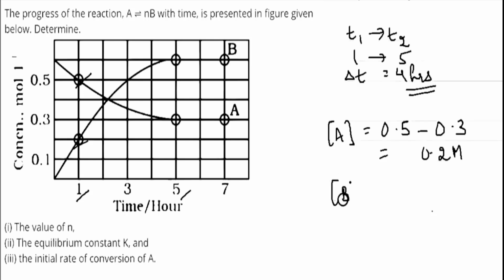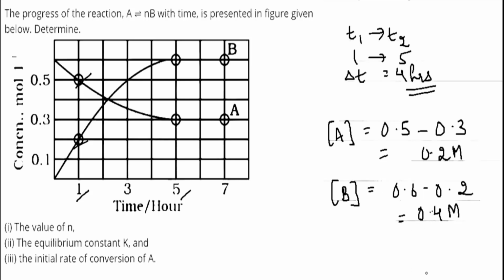And what about B? B is the product here, so its concentration is increasing. At these two time points, 1 hour and 5 hours, the concentration of B increases from 0.2 to 0.6. So what is the difference here? 0.6 minus 0.2 comes out to be 0.4 molar. We are getting two values: A is 0.2 and B is 0.4 molar.